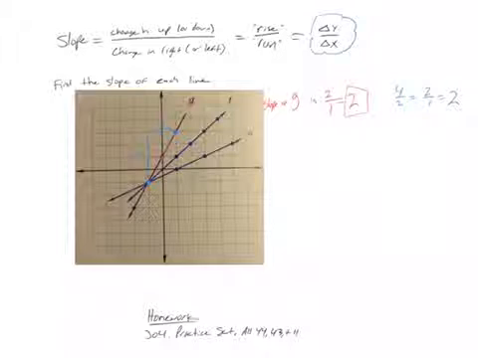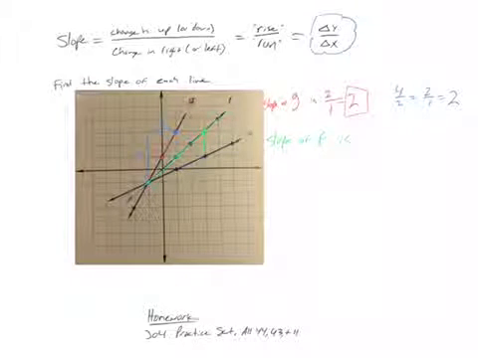Okay, let's talk about the slope of f. We're talking about this line right here. Again, we just pick any 2 points. Let's pick this one and this one. I'll start at this point randomly. Notice I'm going to come down 2.